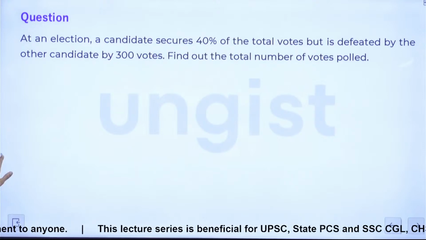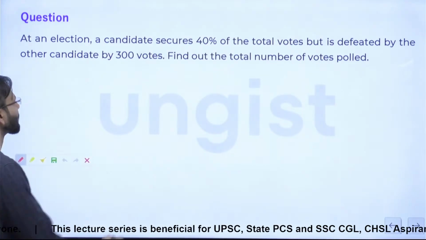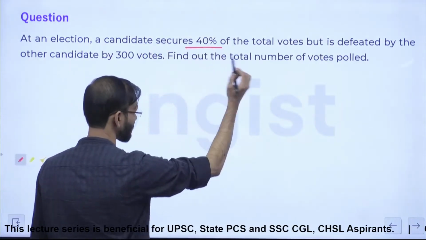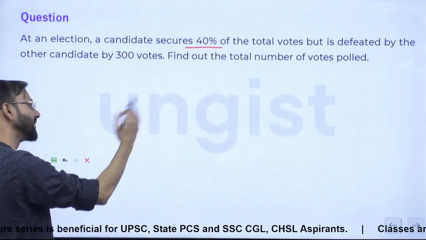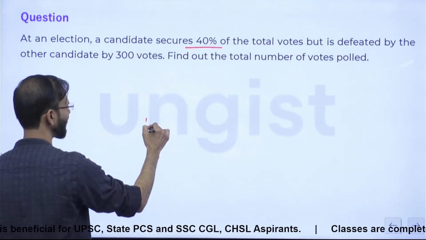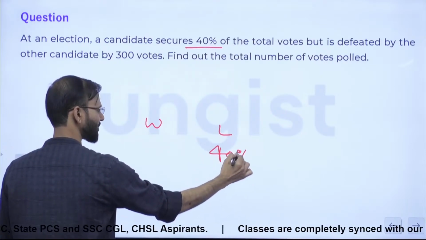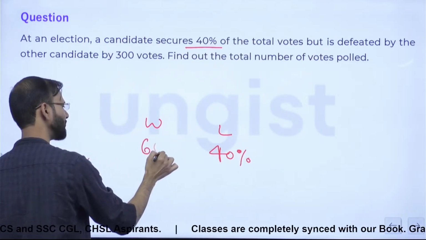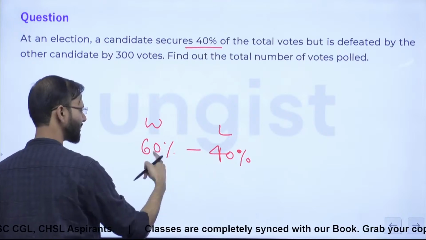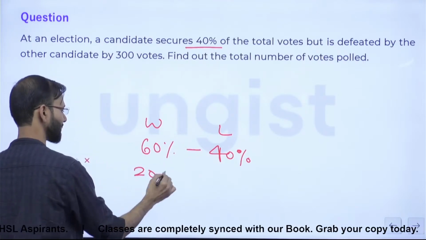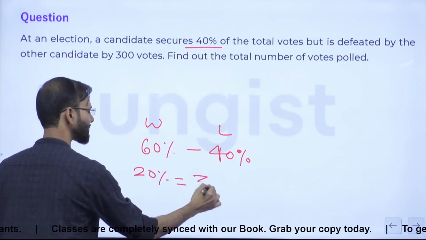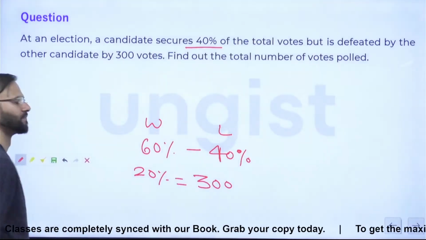So you just tell me friends, the question is saying 40% of the total votes secured by one candidate but he was defeated. It means there will be, let's say, two candidates, winner and loser. So the loser candidate got 40% of the total votes and what will the winner get? What is the difference between them? 20%. Guys, 20% is given as 300, yes or no?